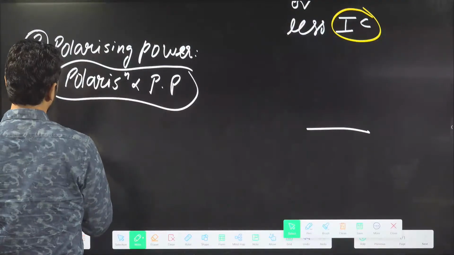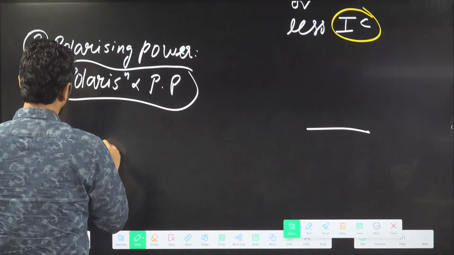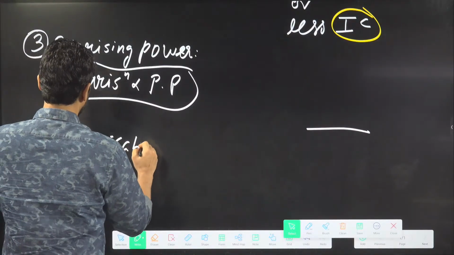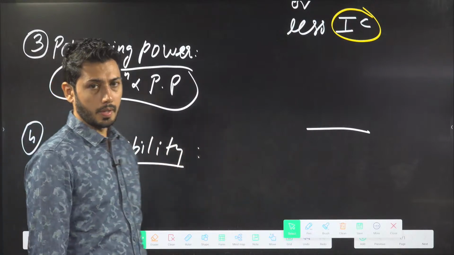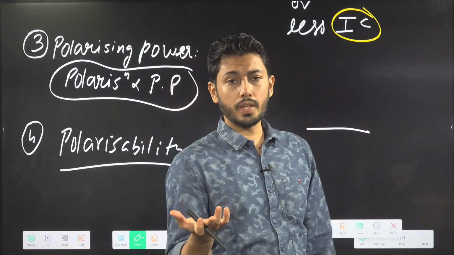Next term is polarizability. What's the meaning of polarizability? Polarizability is for which one? It is for anion.